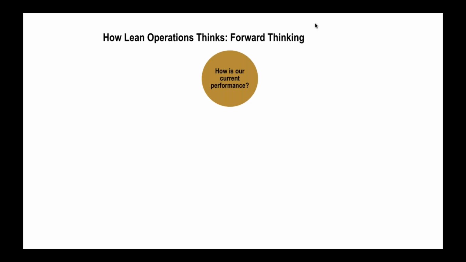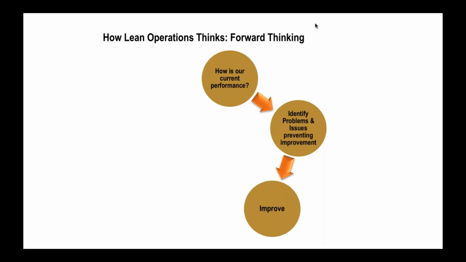They're not too concerned about what happened last month or 2 years ago. They want to understand current performance so that they can identify problems and issues that are preventing improvement from occurring. In the lean context, this is called lean problem solving and root cause analysis.